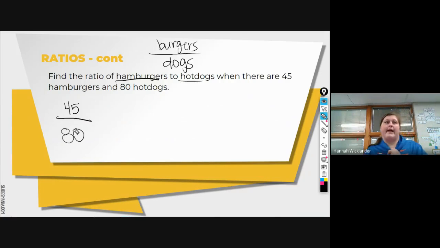Whenever we're working with rates, ratios, and proportions, we always want to simplify. So can 45 eightieths be simplified, or is it in simplest form? Can I simplify this, yes or no?